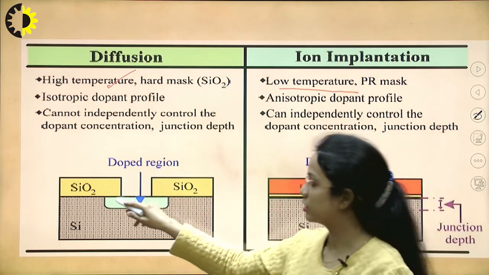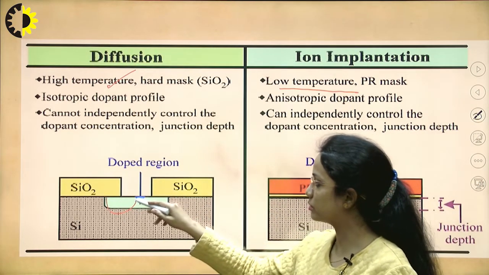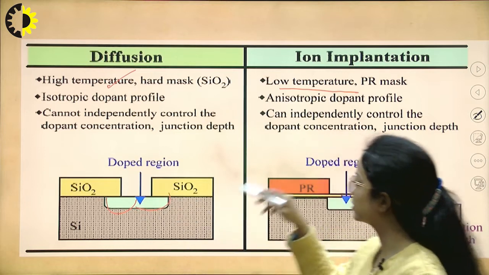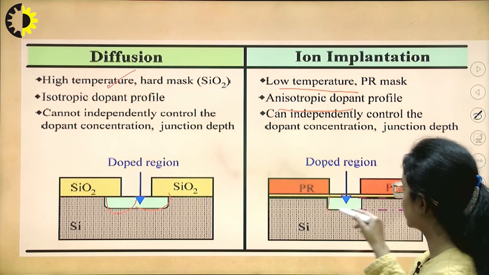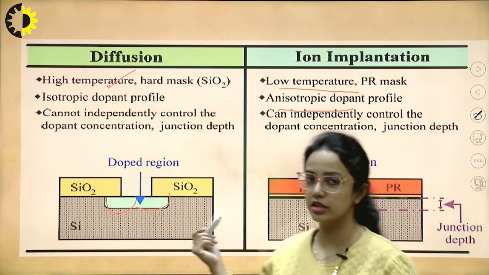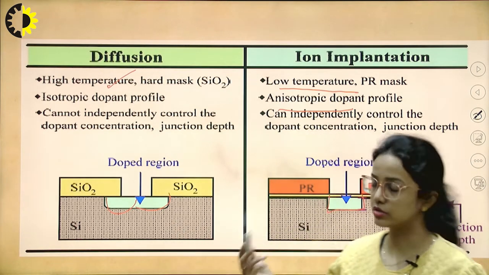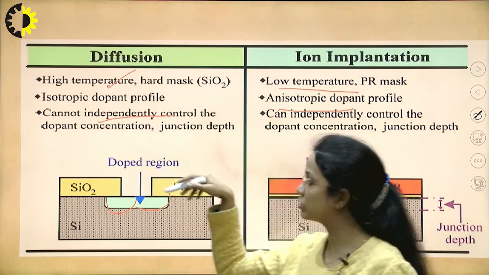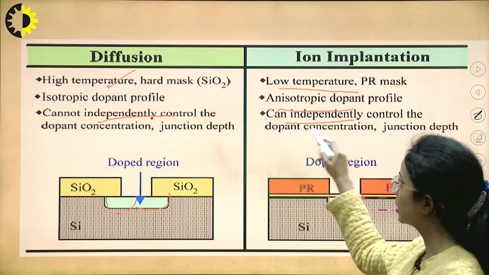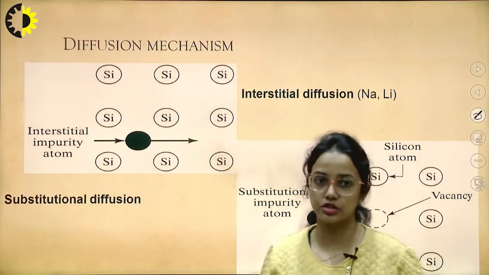One has isotropic geometry, while the other is anisotropic, that is, the diffusion across the side walls is 0. In diffusion we cannot independently control the dopant concentration, whereas here we can control the concentration and the junction depth.